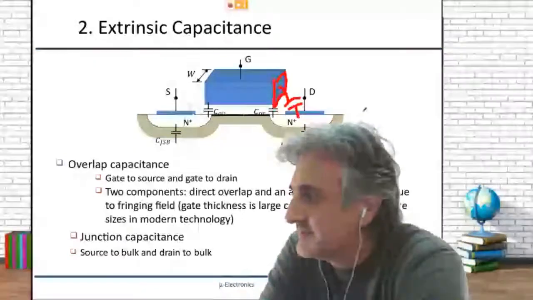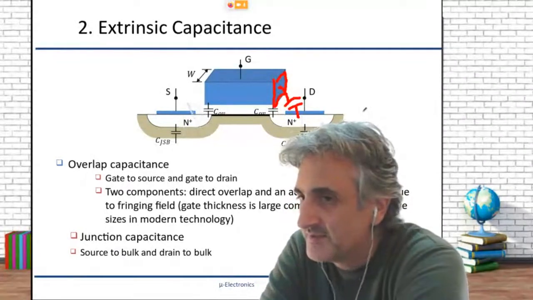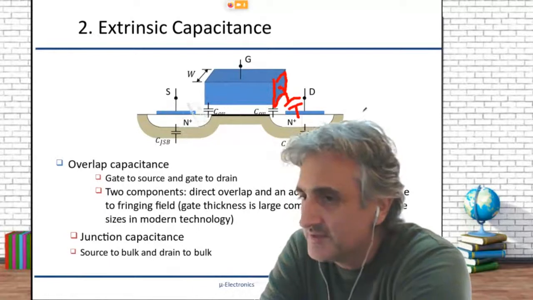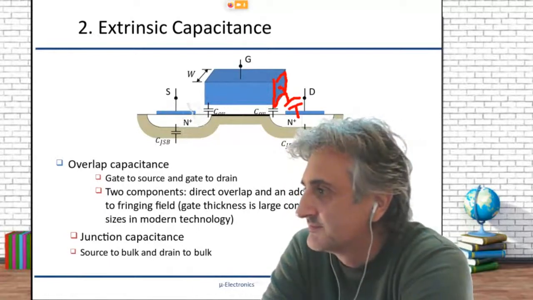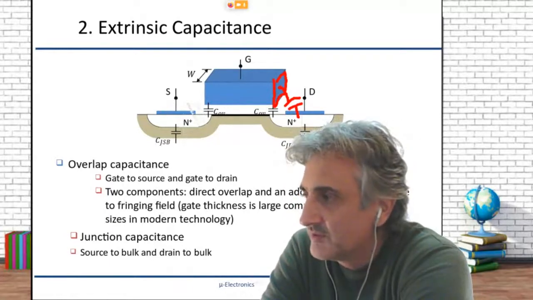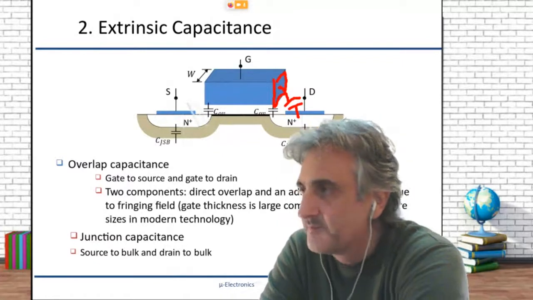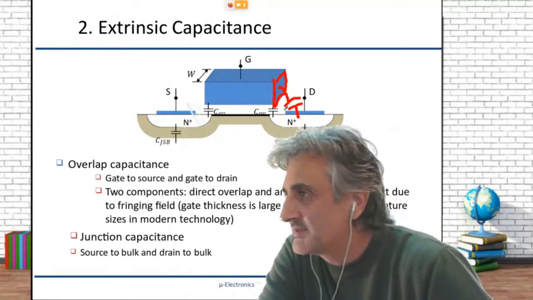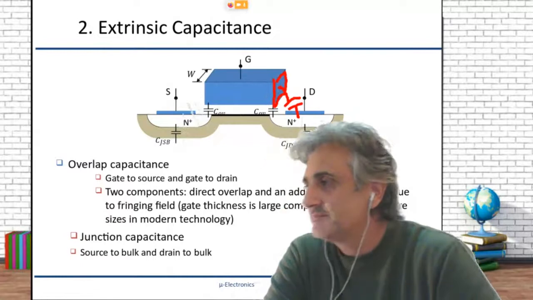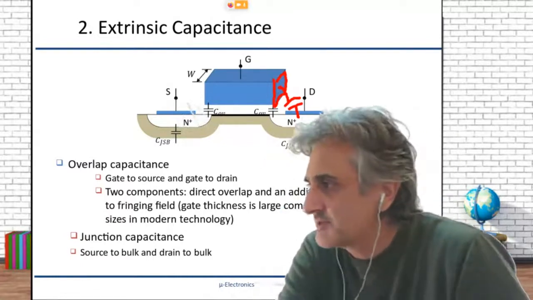This is the capacitor in the fringe, in the borders. So we have these two overlaps, and then we also have the junction capacitance.